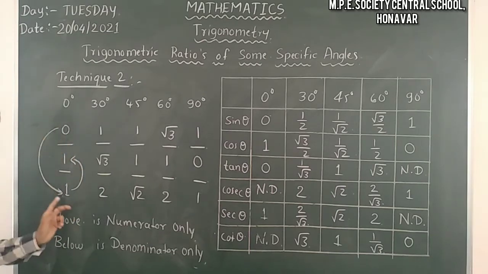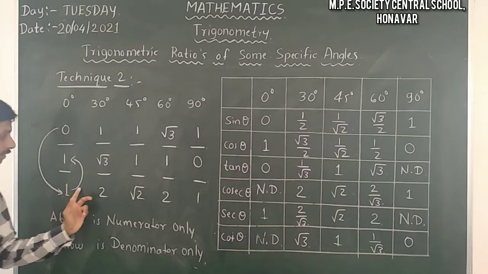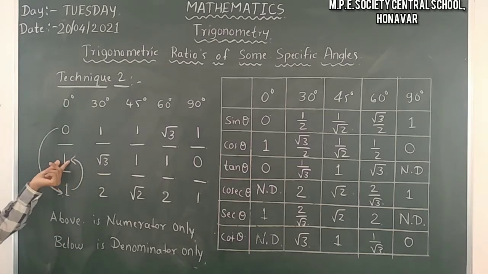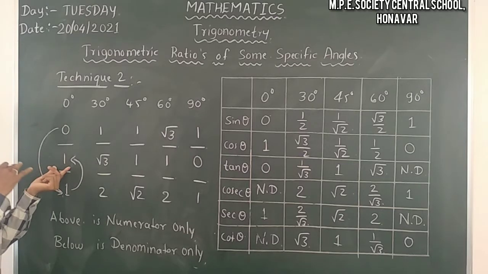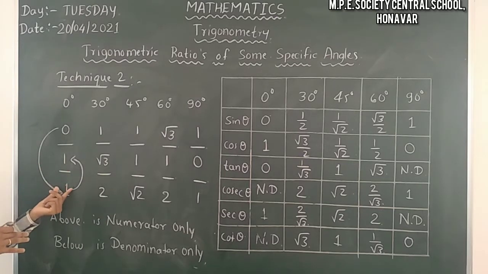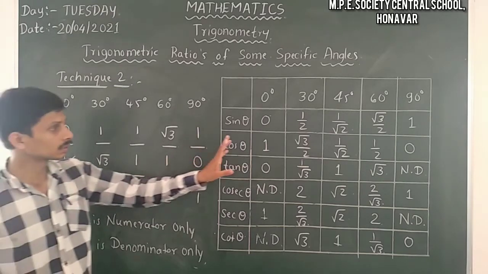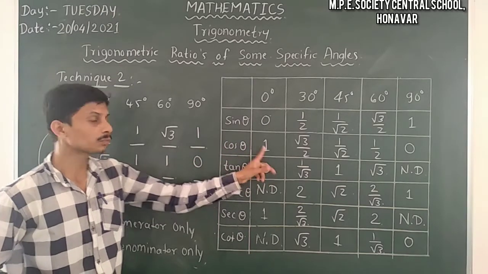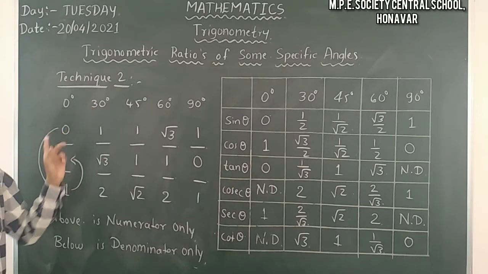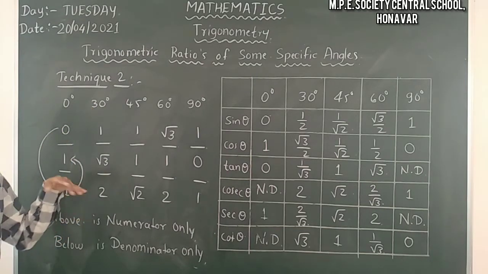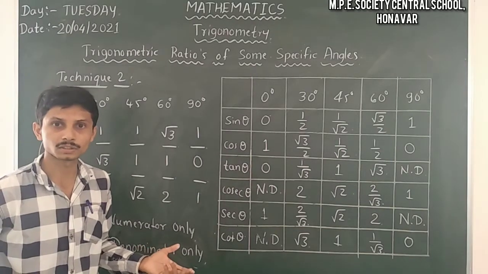So you can remember it like a cycle system: first and last, second and third. Whatever the numerator above part we have, that is numerator only, below part will be denominator only. So 1 by 1 is nothing but 1. That is for 0 degree. So this is sine 0 degree and this is cos 0 degree. And then move on to tan 0 degree.